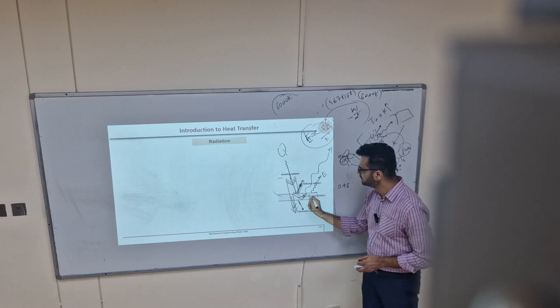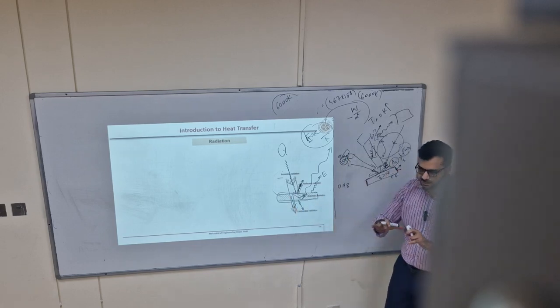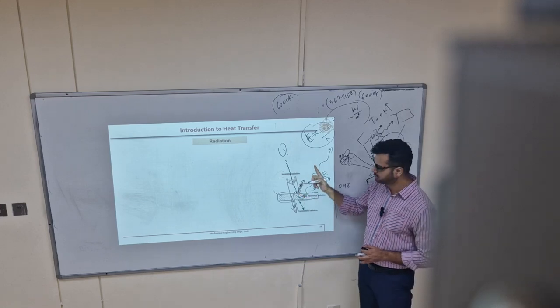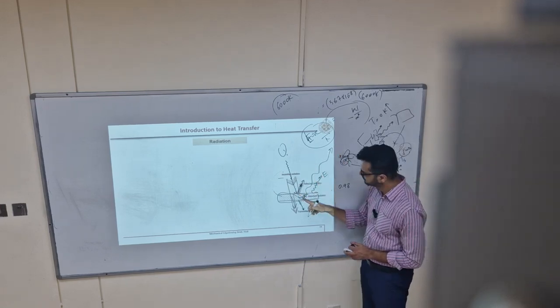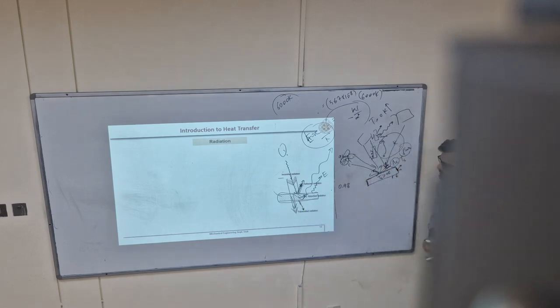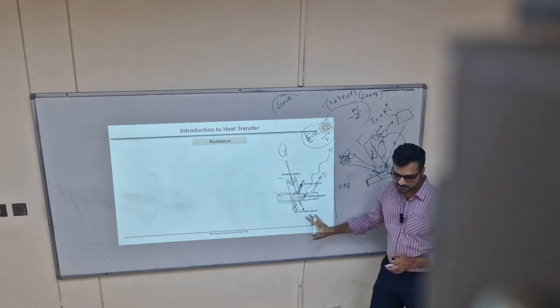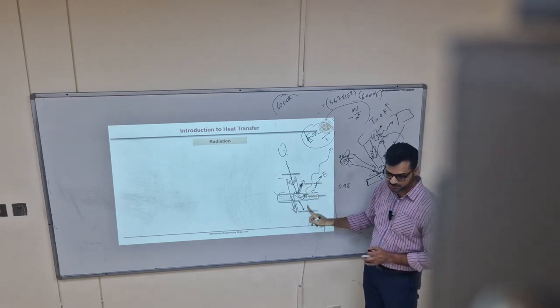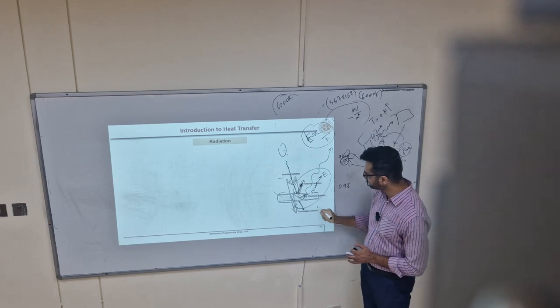So the radiation leaving from that body consists of reflection, emission, and transmitted part. The sum of all these radiations leaving the surface in the form of emission, reflection, and transmission, we use the term radiosity.